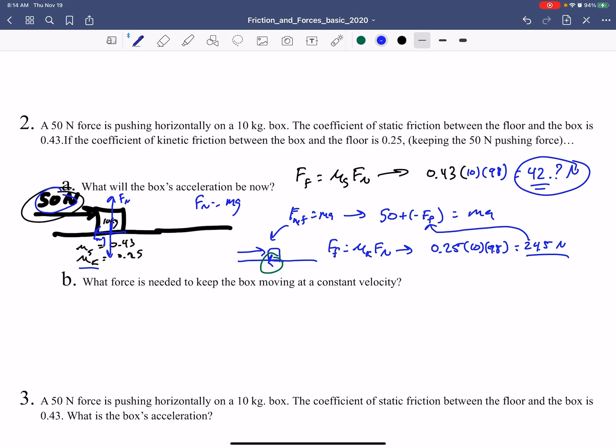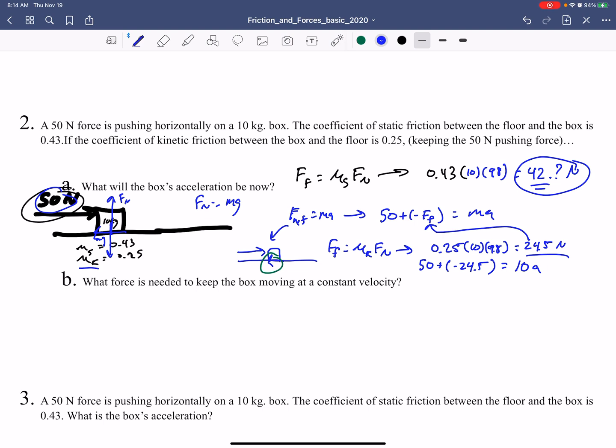So now you have 50 newtons of force, being opposed by a negative 24.5 newtons of force. The net result of this is ma. We already said that the m was 10, and a is what we're trying to figure out. So you can see right now, it's literally just 7th grade algebra at this point.